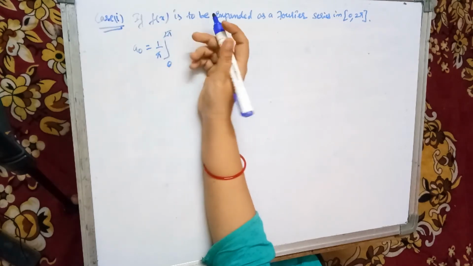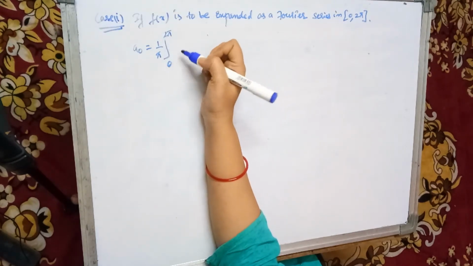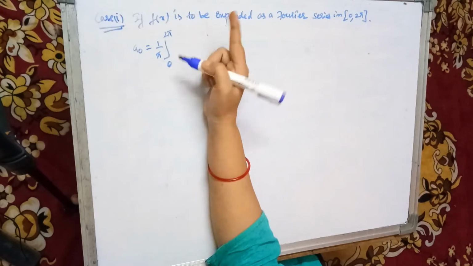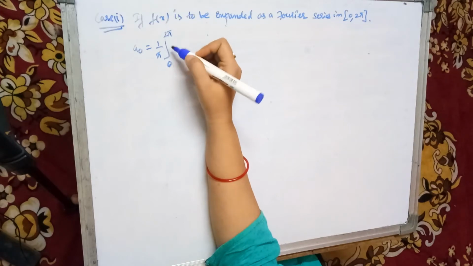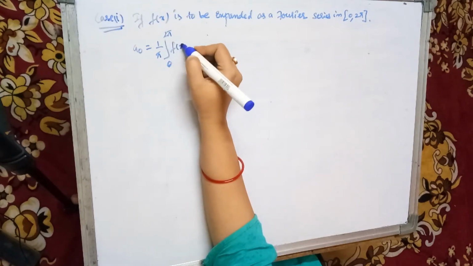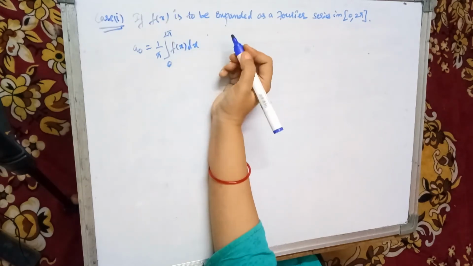What you're doing is replacing c equals 0 in your Euler's formula. Then your integration changes to 0 to 2 pi f of x dx.